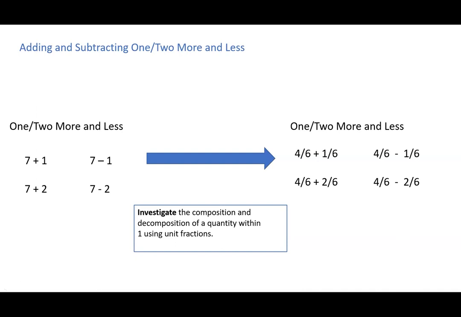So again, it's starting from 4/6, not 5/6. Adding 1/6, adding 2/6, then taking away 1/6, then taking away 2/6. And again, making that connection between what we do with whole numbers and what we can then do with fractions. And now you've actually gone into addition and subtraction with like denominators.